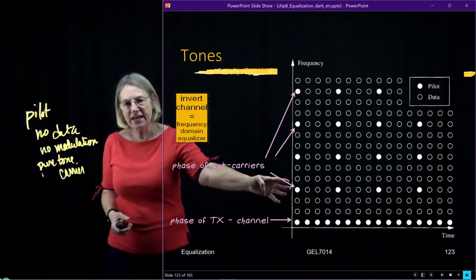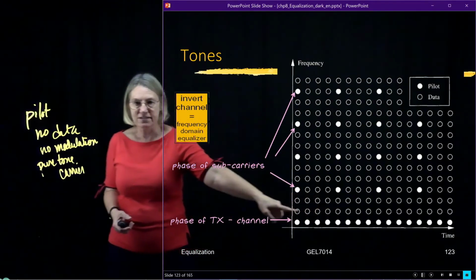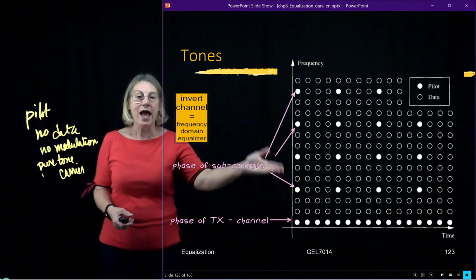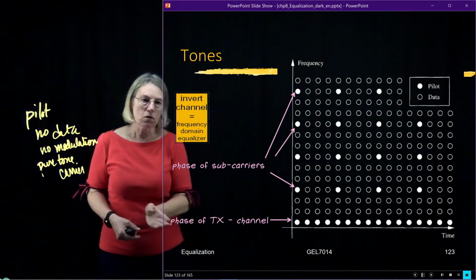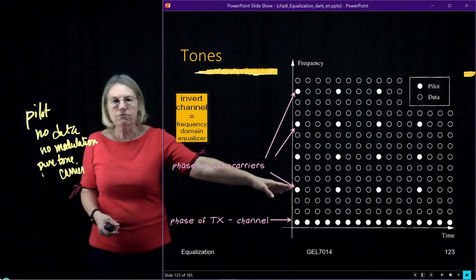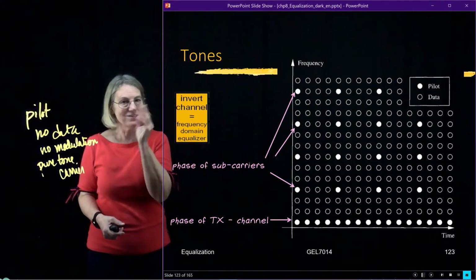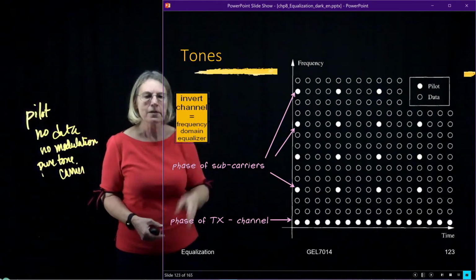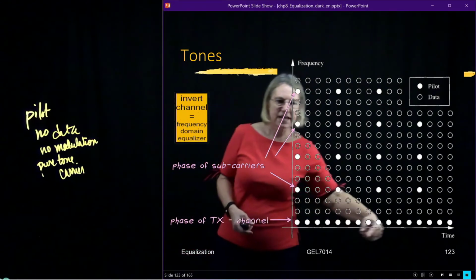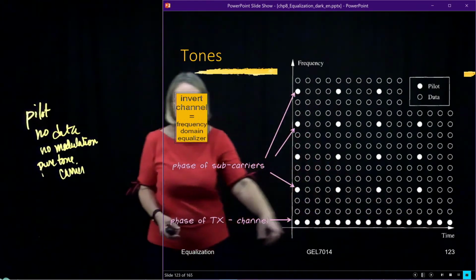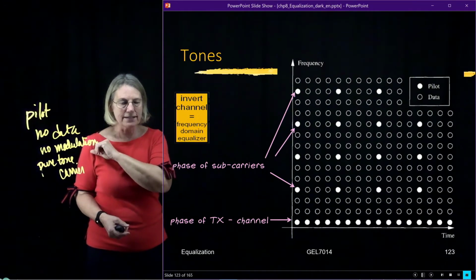This is the main estimation of the phase of this oscillator at the transmitter. So I have one channel for frequency that I reserve just so that I can keep an eye on that oscillator and track what's going on with its phase. It might be drifting with time, so all of the time I'm keeping this one channel just to observe the phase rotation on that oscillator.